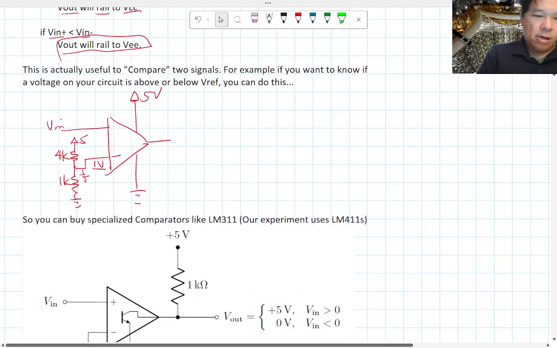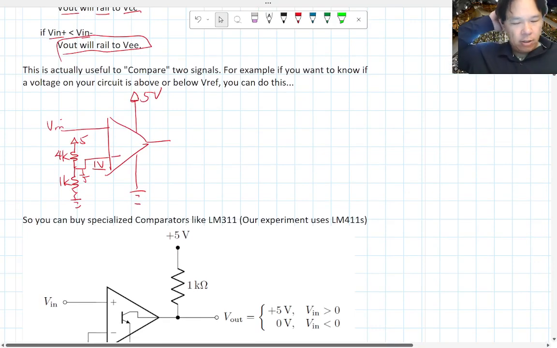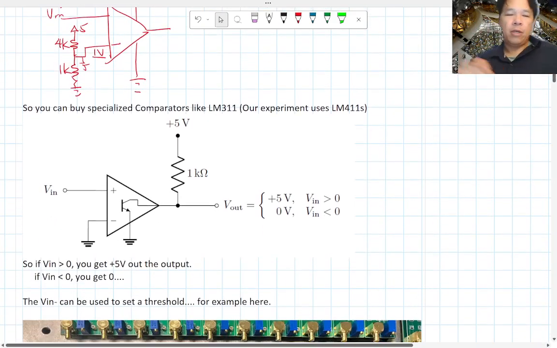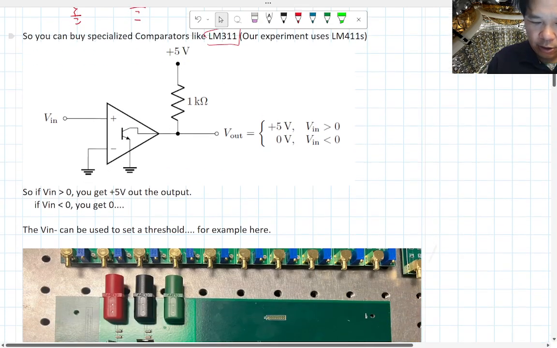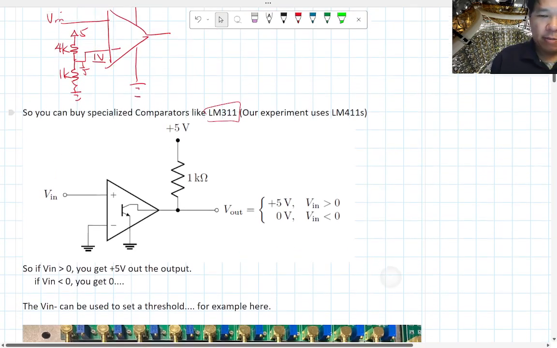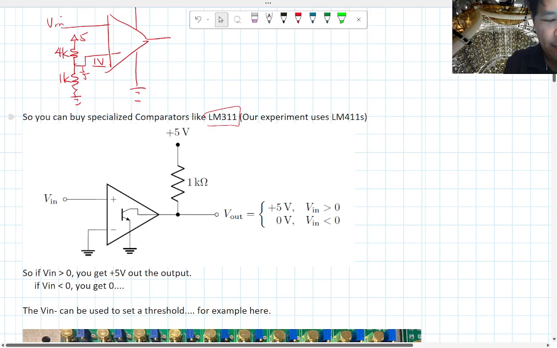Okay, so these are very nice. You can even buy specialized comparators like this. These are called LM311. The experiment we actually use, let's talk about that later. The way this works is that one of the transistors goes to ground inside the op amp, and all you have to do is connect this to a single voltage power supply.